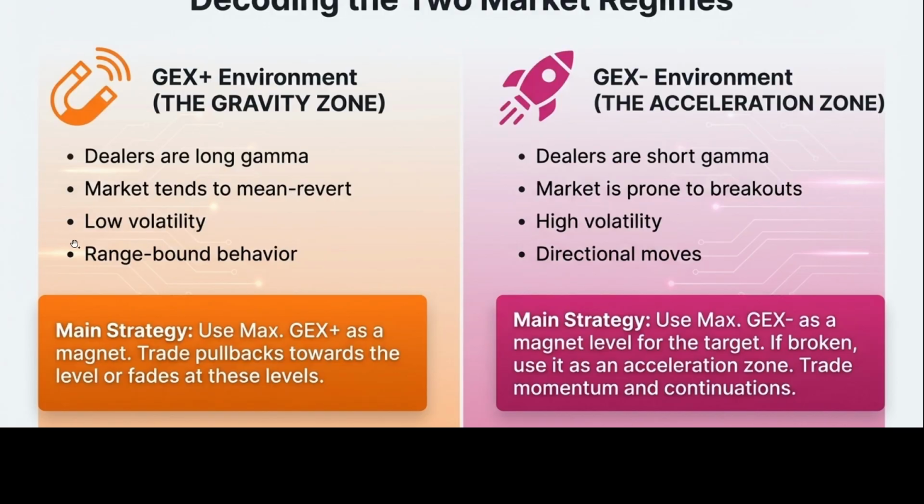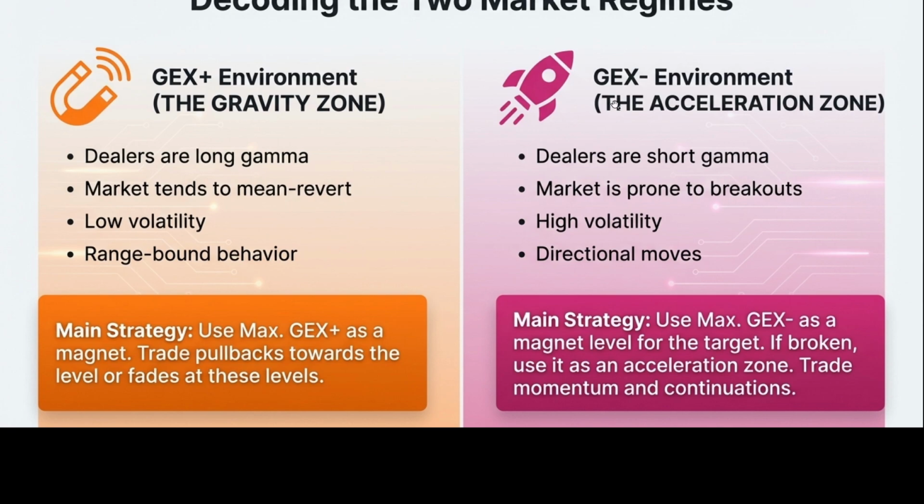There will be low volatility, and we expect range-bound behavior. The main strategy there is to use the max GEX level, or the max positive level, as a magnet. Always trade the pullbacks toward the level, or fade at this level when price hits the max positive GEX level.